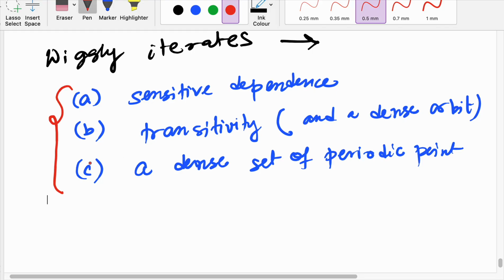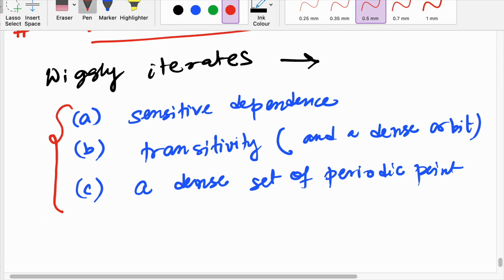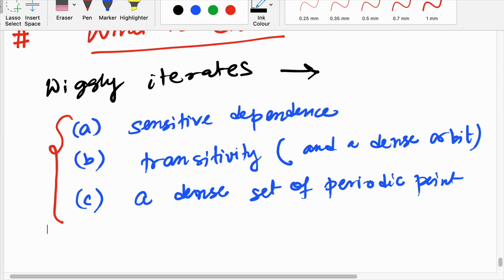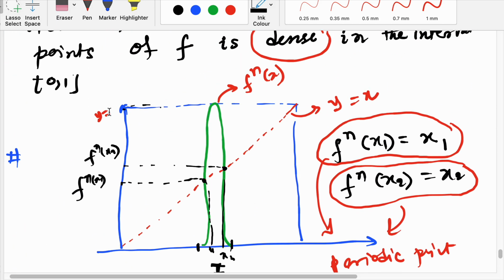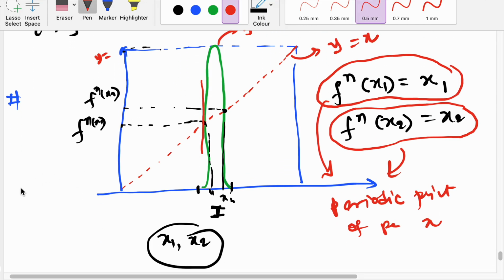So you see here, although there is an orbit, if you draw a tangent to this line, you will find that the first derivative, d/dx of f^n(x) at x1 or at x2, the tangent at these two points is much larger than 1.